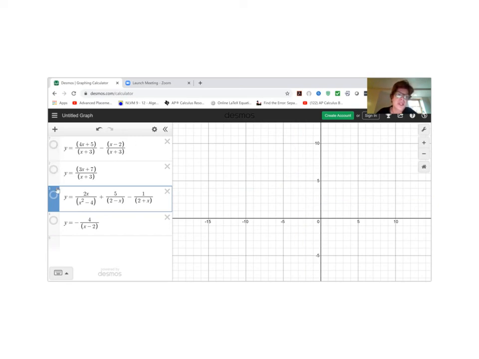But the next problem, the last problem that we did, is very interesting. It was the problem where we added and subtracted 3 fractions. Now, when we graph this, we have 2 things. We have a vertical asymptote at x equals 2, which is right here, and that's when the denominator is 0. But in the first fraction here, both the numerator and denominator would equal 0 after we combine, when x is equal to negative 2.